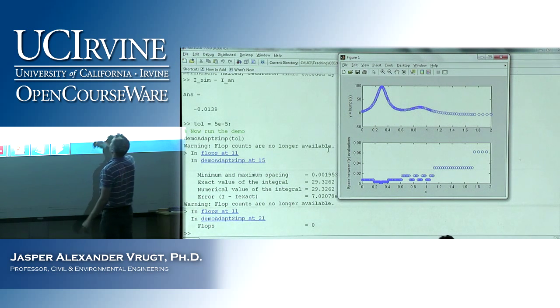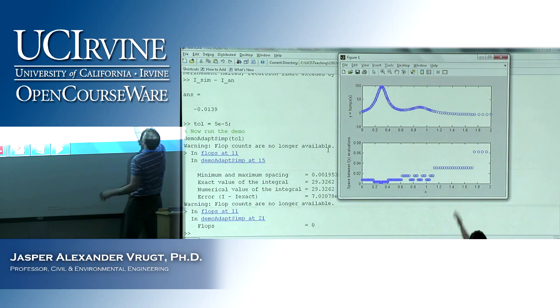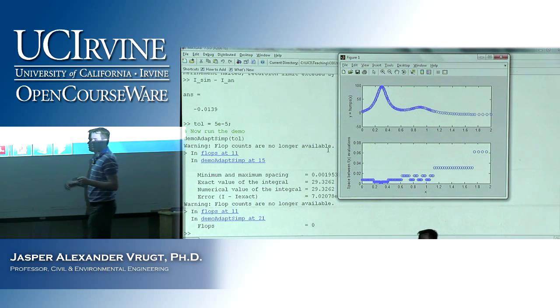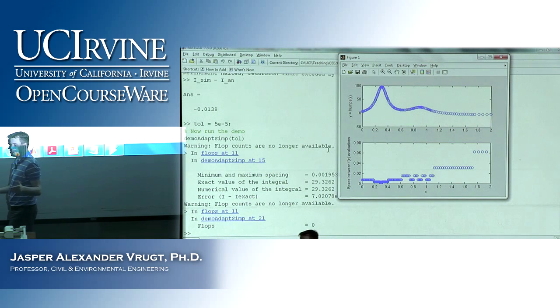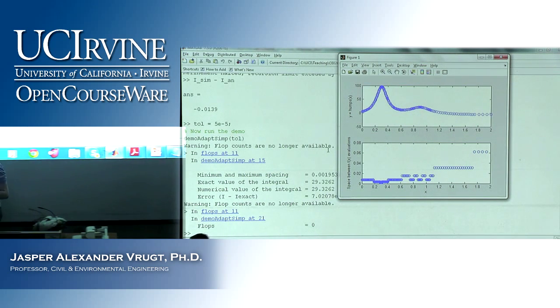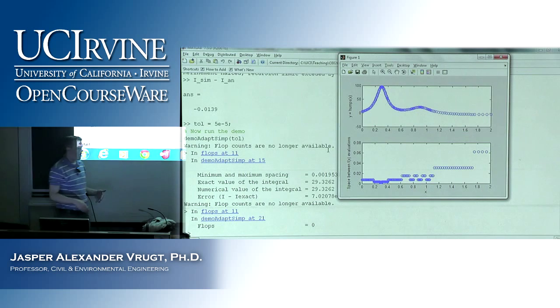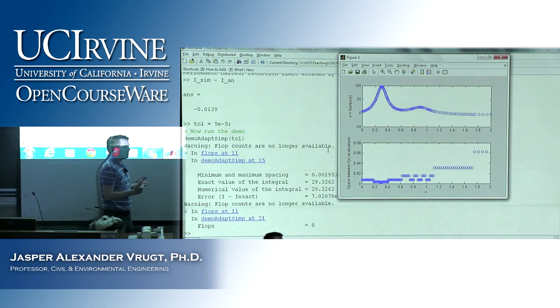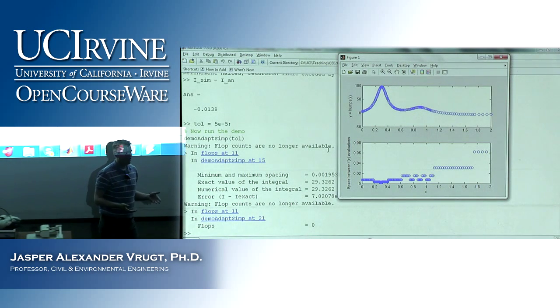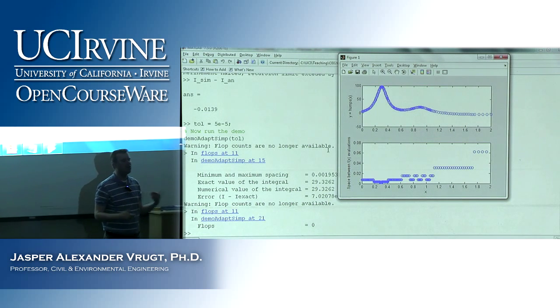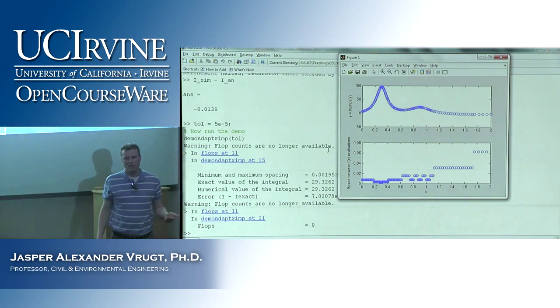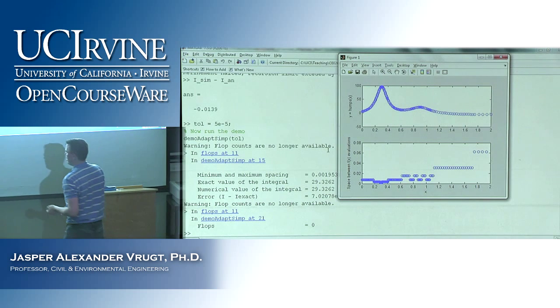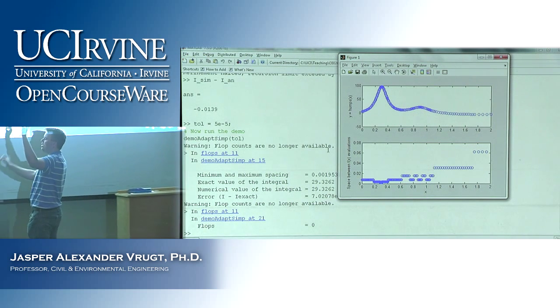Once the function becomes more linear, like in this domain, you see that the distance between two x values becomes larger. And that makes sense because it's much easier to integrate a linear function than it is to integrate a nonlinear function. Because if my function is linear, then essentially I only need 2 points.